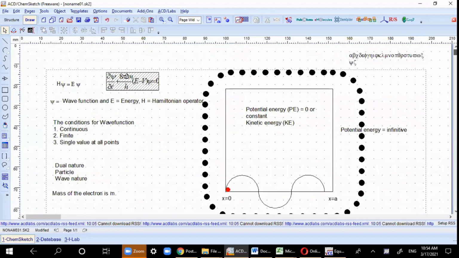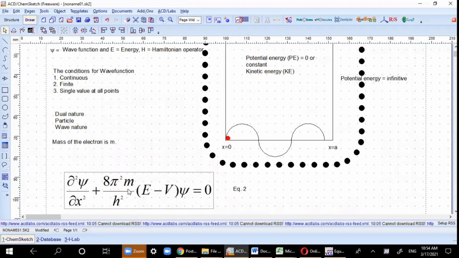What are we assuming first? We are assuming the electron, a subatomic particle, is present with mass m. That mass only is here in 8 pi square m. h is Planck's constant, pi is a constant, psi is a wave function, and E is the total energy, the sum of kinetic energy plus potential energy.